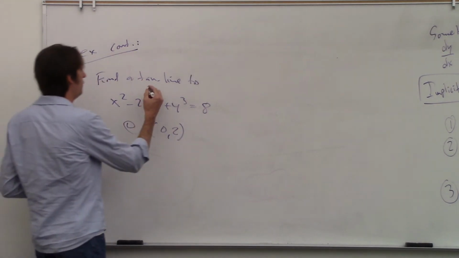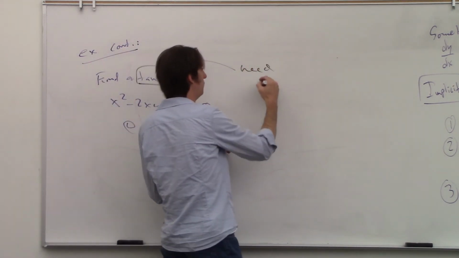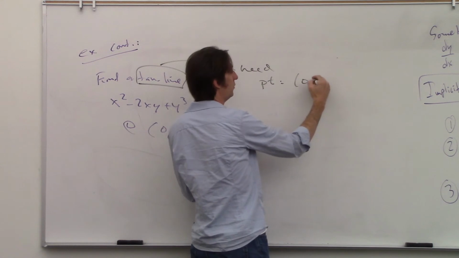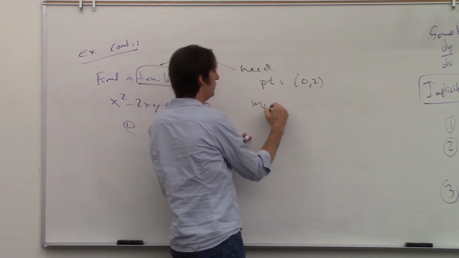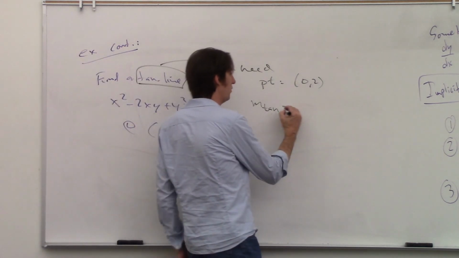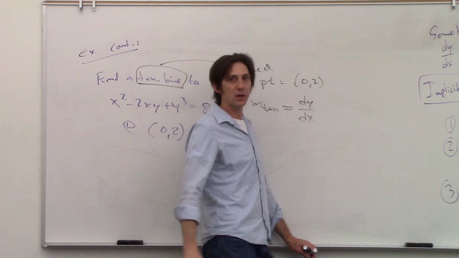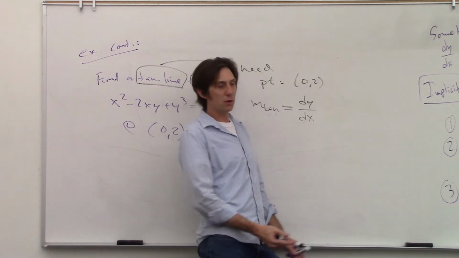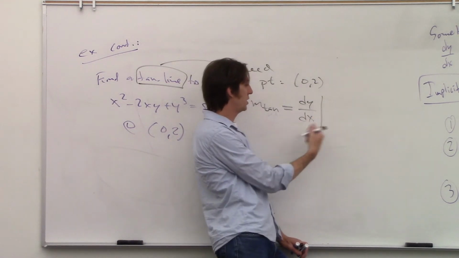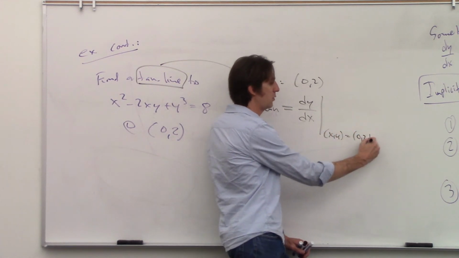Like we're used to for a tangent line, we need a point, which we have, in this case (0, 2), and we need the slope, m tan. M tan, just like it's been all semester, is the value of the derivative dy/dx at the particular point that we're looking at. And so in this case, I want dy/dx evaluated at (x, y) = (0, 2).